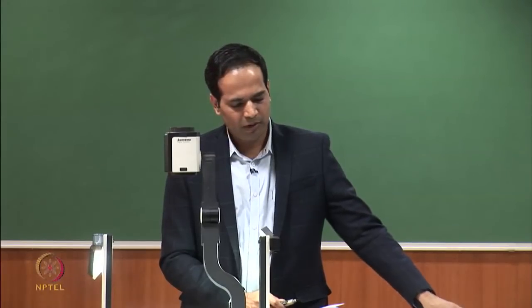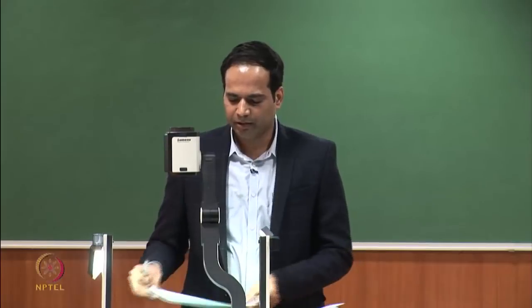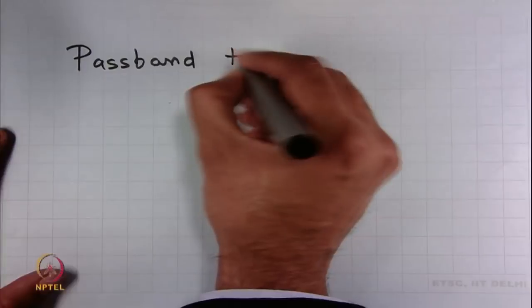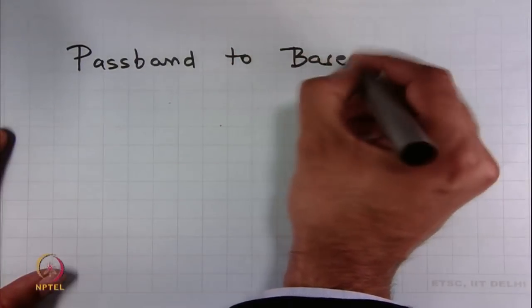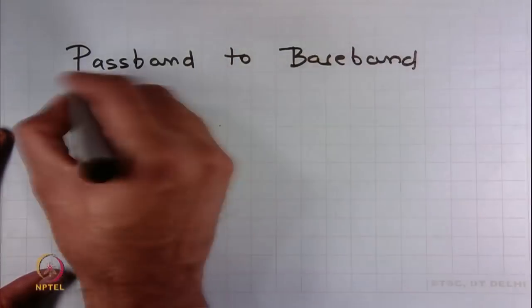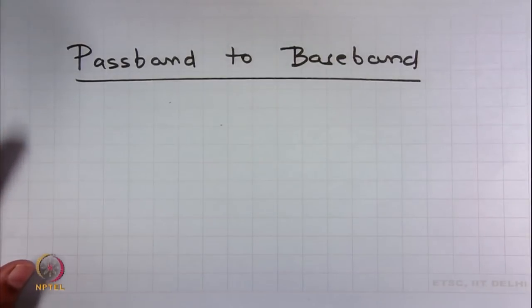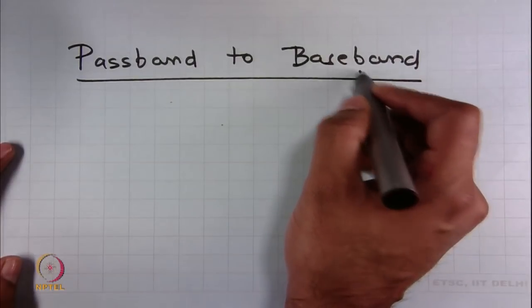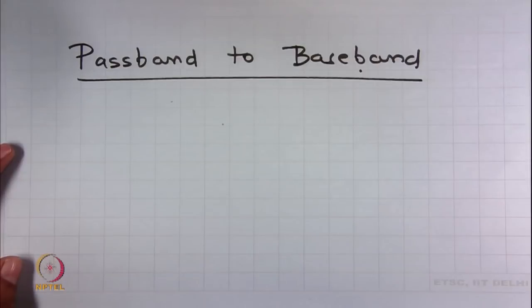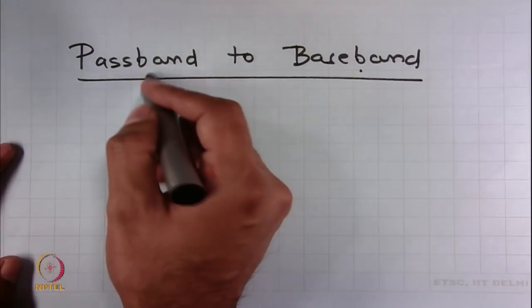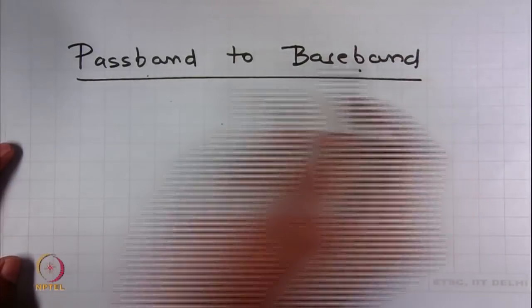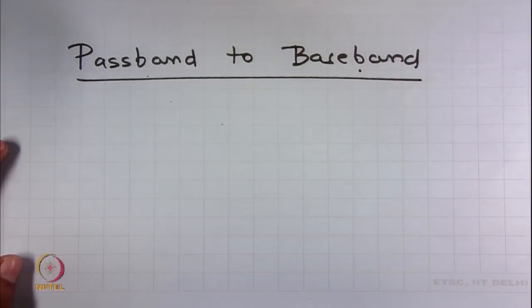All right. So, let us now summarize what we have been saying so far. We are saying that this issue of passband to baseband conversion is important because of two reasons. First, all information originates as a baseband signal and most of the information travels as a passband signal. Thus, this conversion from passband to baseband has to be clearly understood.